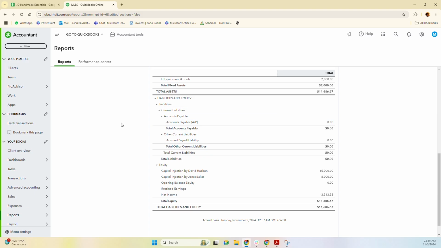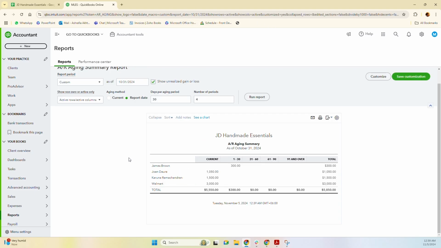Let's go to our report section again and see our accounts receivable aging balance. So this is our aging balance. We have current accounts receivable of 1050 from Juan Daura, Karuna 1500, and from Walmart 3000. We have one aged receivable from James Brown.